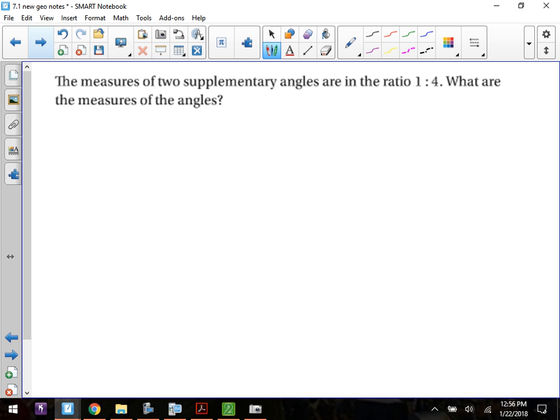So if I'm writing the 2 angles that are supplementary in the ratio of 1 to 4, that means when I write it out, it's going to be 1x and 4x equals 180, because it says supplementary. You're using the different parts of the vocab to set up the algebra.